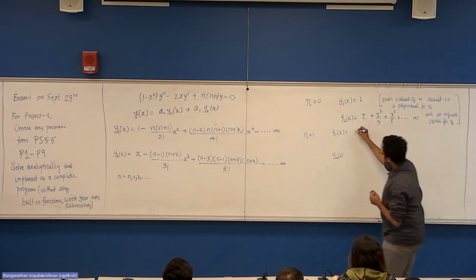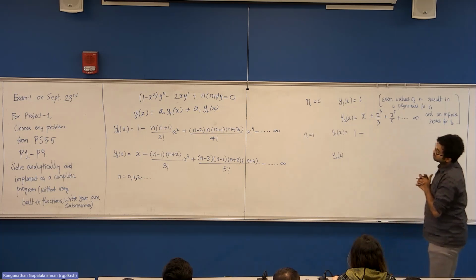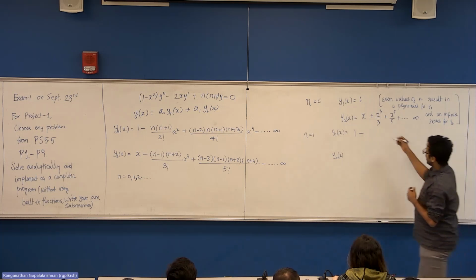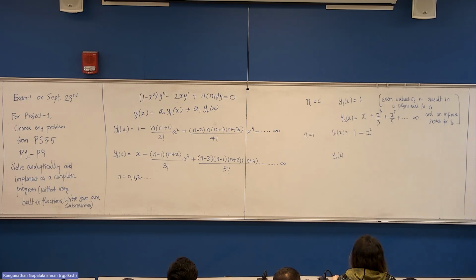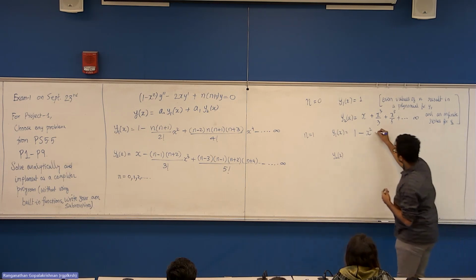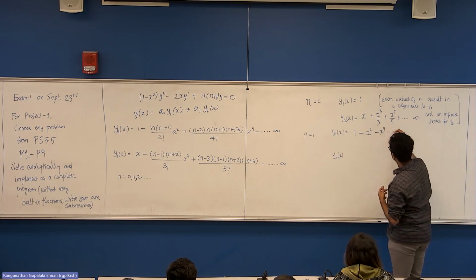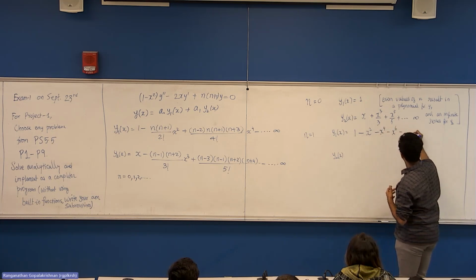You're going to get 1 minus x squared, right? 1 minus x squared. And then you have minus 1 times 2 times 4 factorial, or x to the 4th minus x to the 6th, and so on up to infinity.